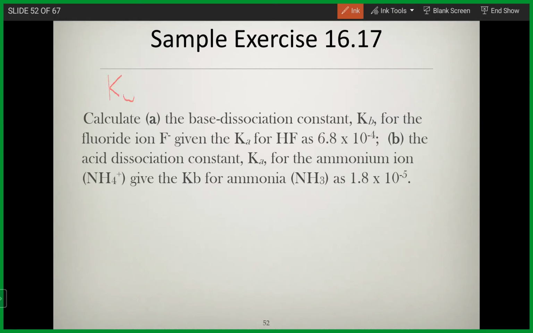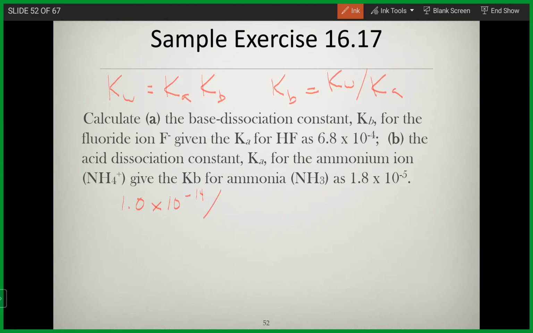So like we just saw, Kw is equal to Ka times Kb. And in this case, we know Ka, we know Kw, so we can solve for Kb just by doing Kw divided by Ka. And again, Kw is going to be 1.0 times 10 to the negative 14th.